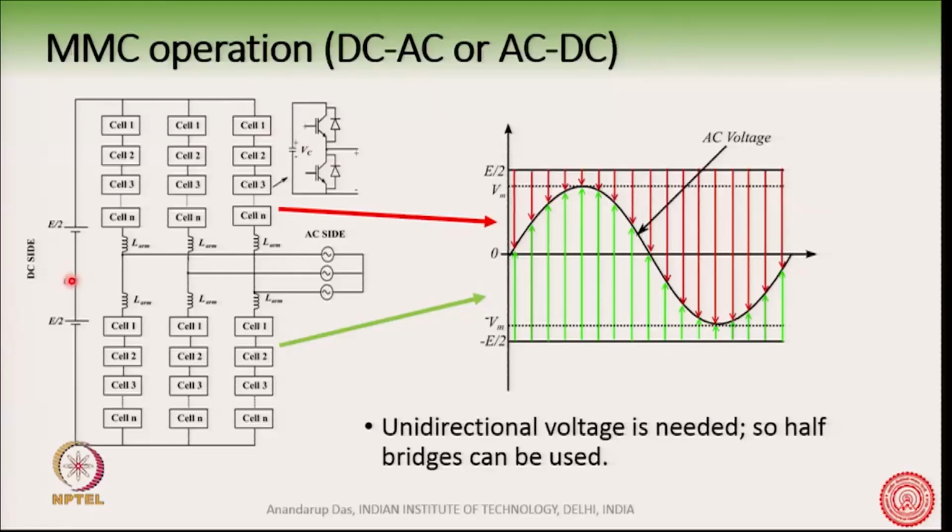Because if you start from here, you go to E by 2 minus Vu, and of course, neglecting this L di dt. So, E by 2 minus Vu is equal to Vm sin omega t. So, if you go on this waveform, you go from 0, E by 2 minus Vu is what you get, Vm sin omega t here. So, this means that this red arrow is indicating the voltage which is produced by the upper arm.